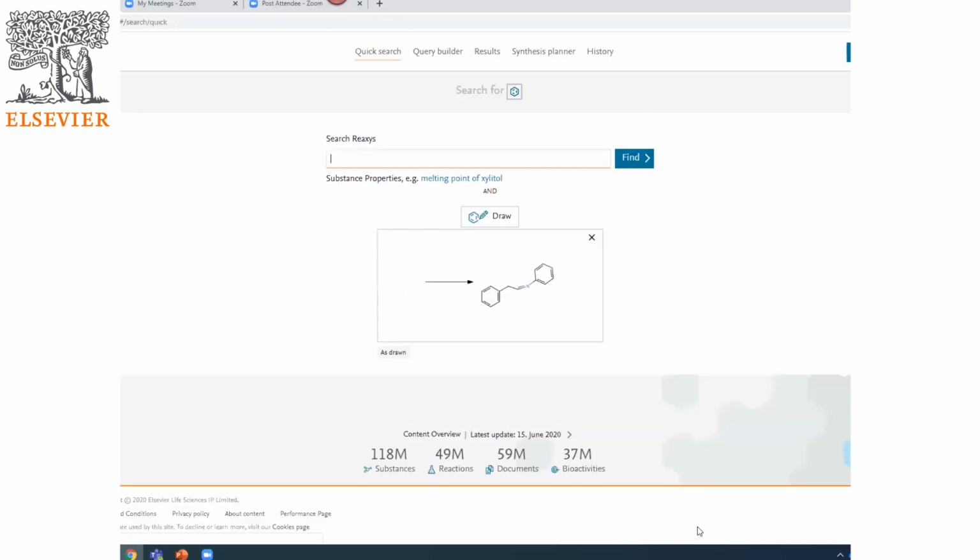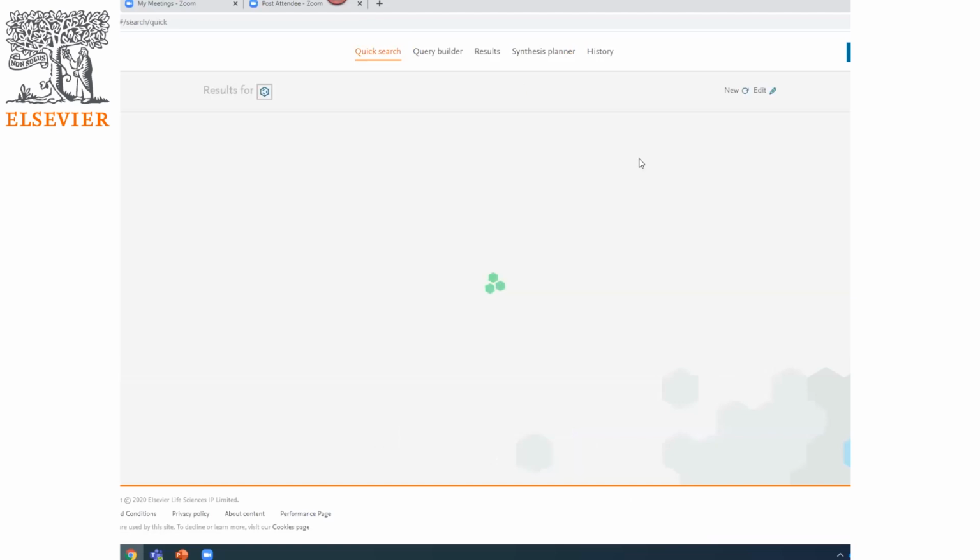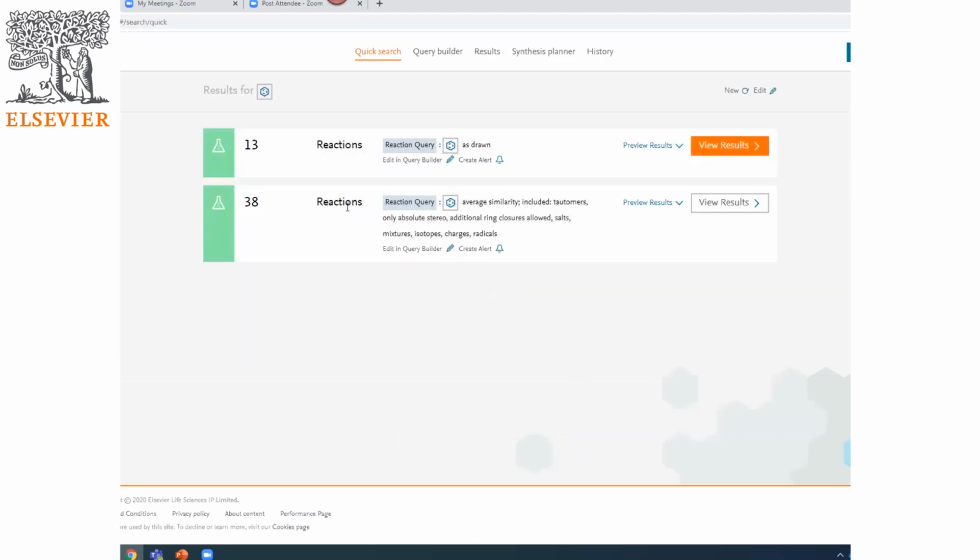We need to click transfer to query and start the search. And right now, Reaxys gives us the exact synthetic reaction, as we drew it, but it also advises that there are 39 similar reactions, which include tautomers, some stereoisomers, ring closure variants, etc.